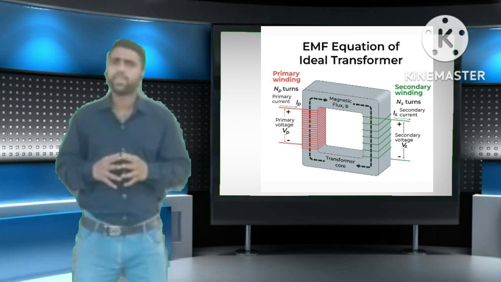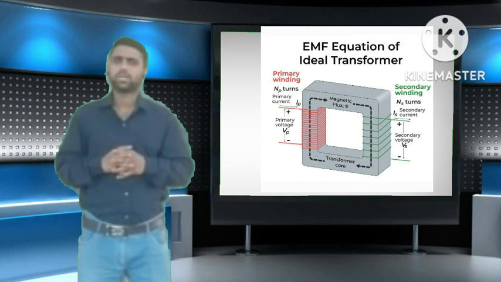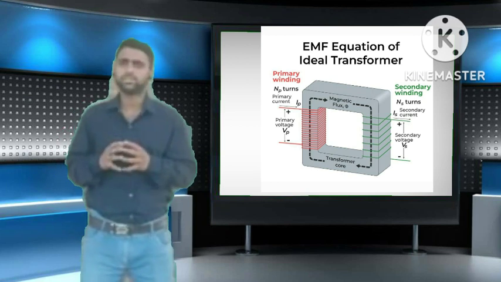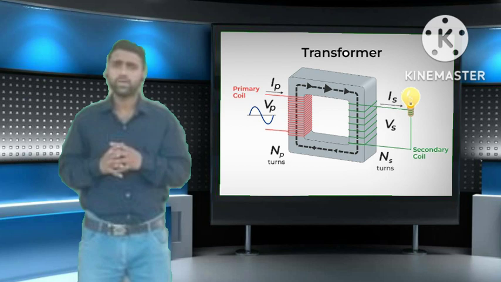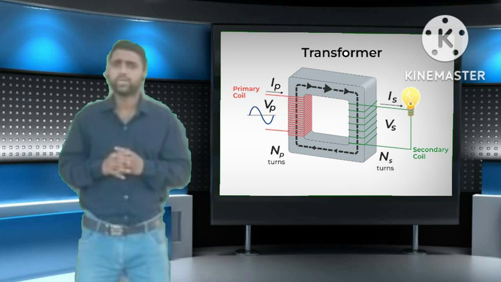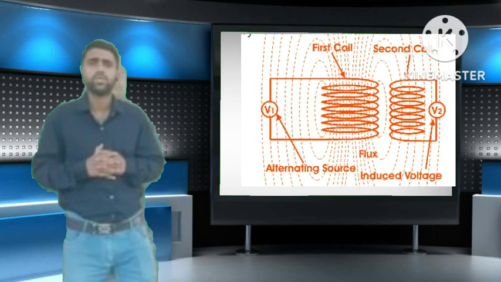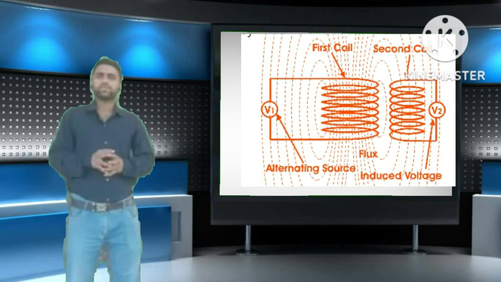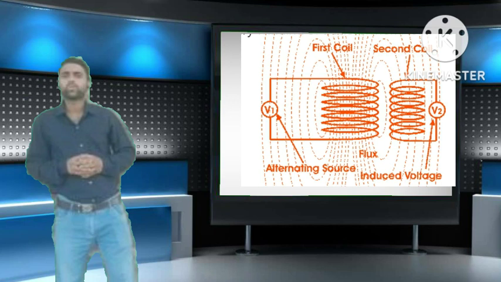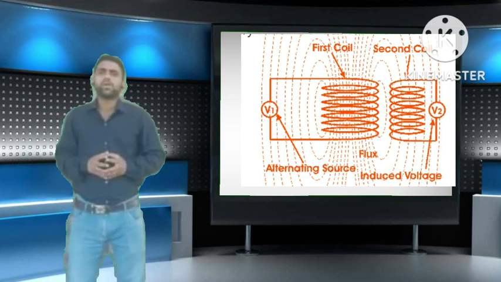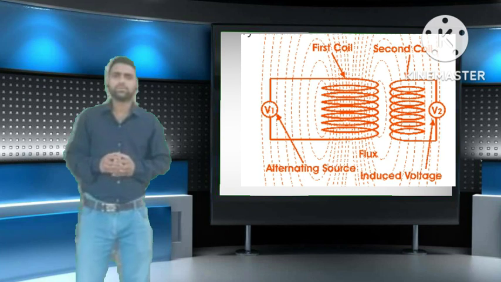If the circuit of the latter winding is closed, there must be a current flowing through it. This is the simplest form of the electric power transformer, and this is the most basic working principle of a transformer.